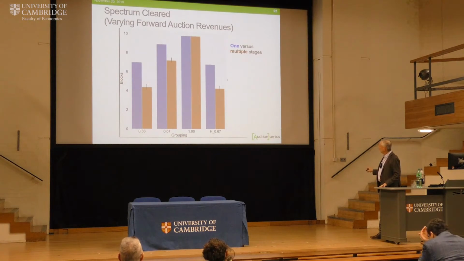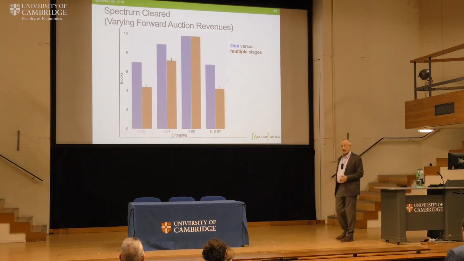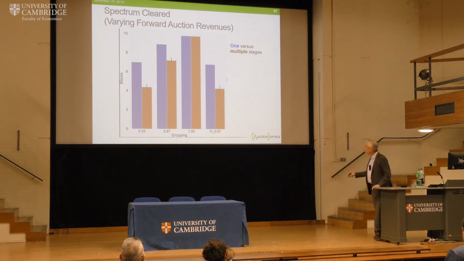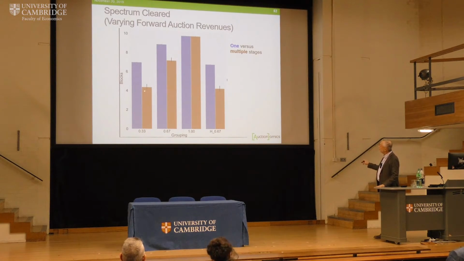And what we see is that when we're comparing one stage versus multiple stages, if the buyer values were very high so that we would actually clear in one stage, there's nothing lost.